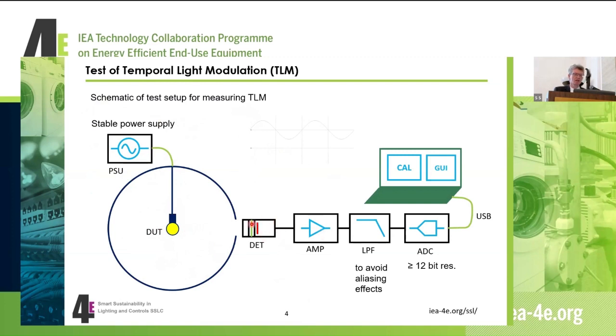Then we have a detector looking at the light through a port like this. And then you have an amplifier to amplify the signal from the detector, and you need a low-pass filter before you actually do the analog to digital conversion in order to avoid aliasing effects, which could make large error signals.